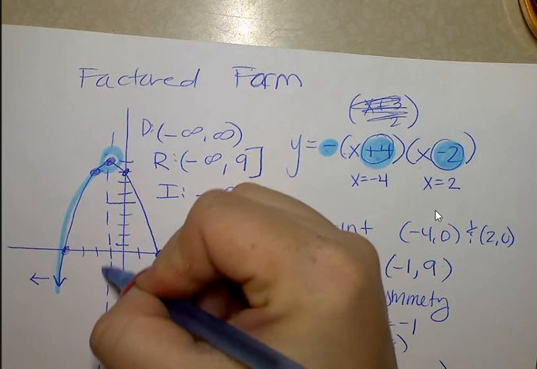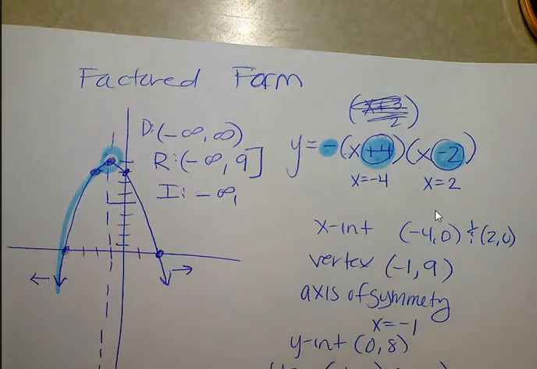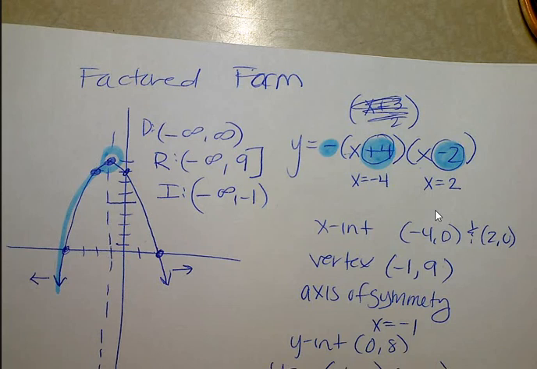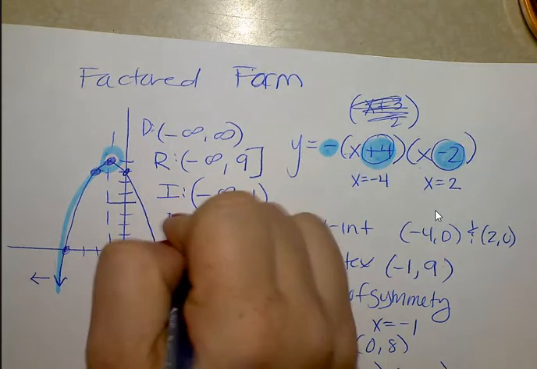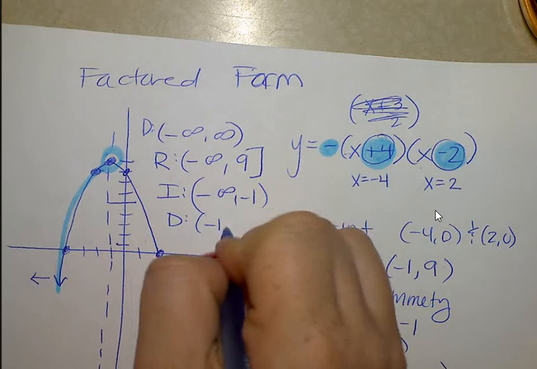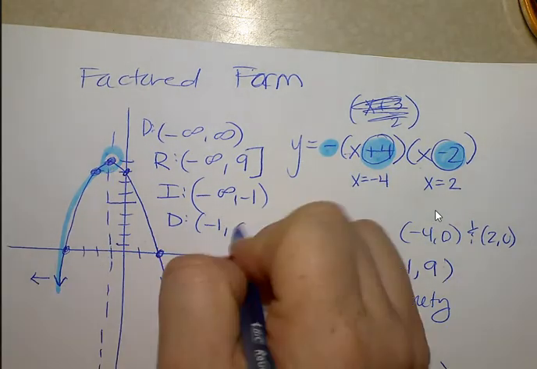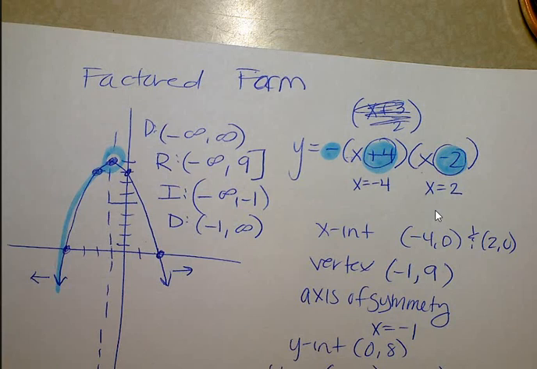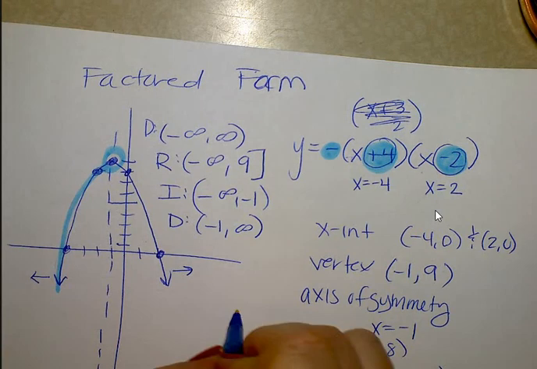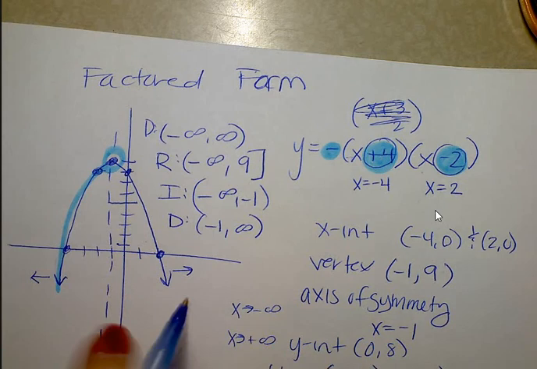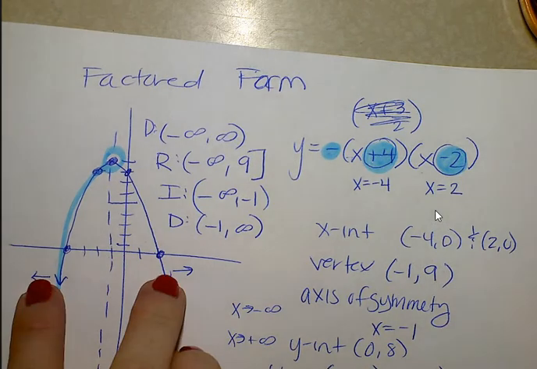Whoa, but it always has to be in terms of x values. -1, great. Remember, increasing and decreasing only have parentheses. Decreasing, it starts at the turning point of -1, and there's no limit how far it goes to the right. And our final is going to be end behavior. Regardless if I analyze this from the right or from the left, in both situations, the end behavior is going down.